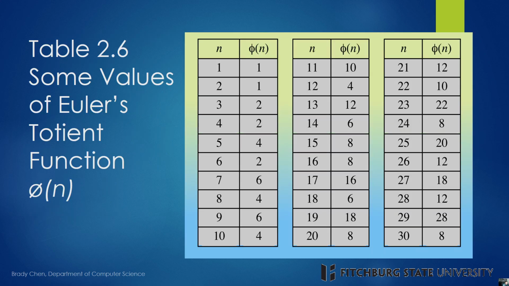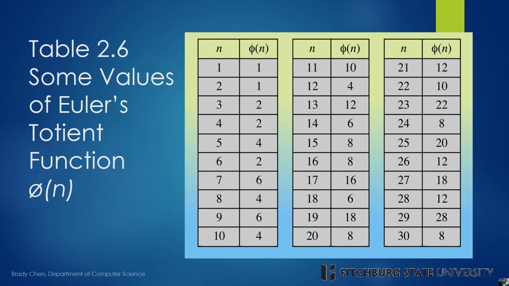Now, we talk about Euler's Totient function, and then we may ask a question. Why do we want to introduce this function? We will find that Euler's Totient function is a very interesting function because for any integers, it is not really predictable.